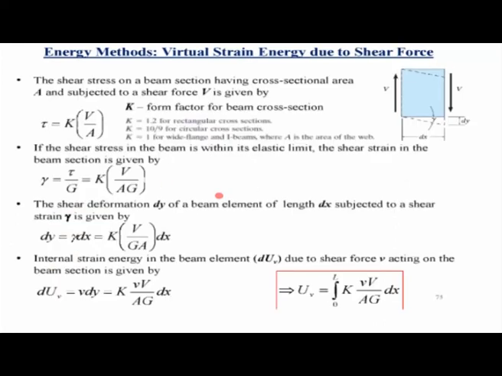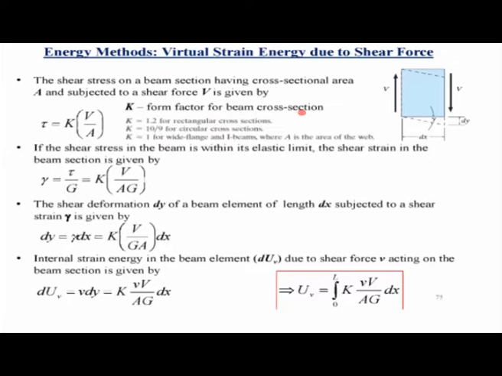Now coming to the virtual strain energy due to shear forces, if you have an element which is subjected to a shear force, then the shear stress on that element is given by tau is equal to K into V over A. Now this V is the shear force at any section of a beam.